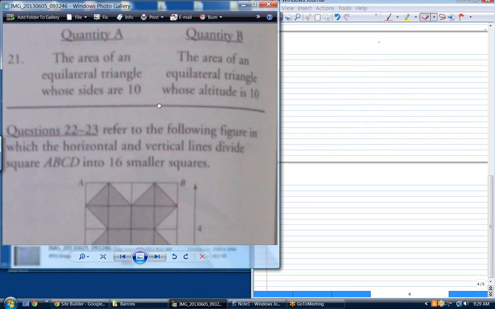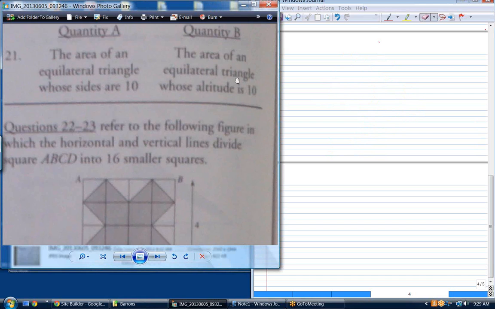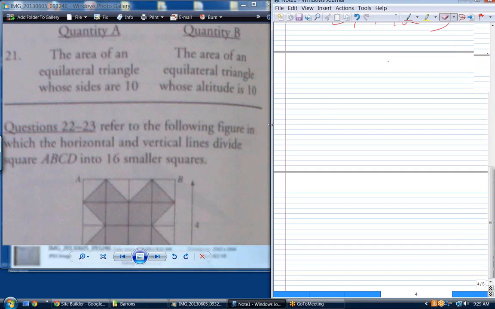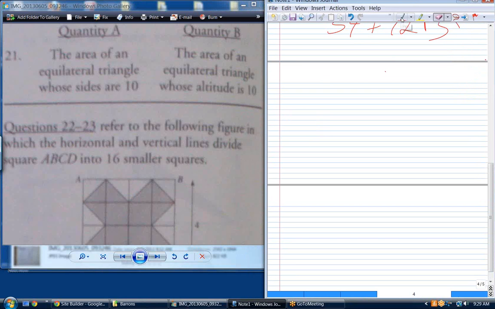Now 21. And that one, sorry, that one I was saying would be equal. Okay. Here's the equilateral triangle whose sides are 10.